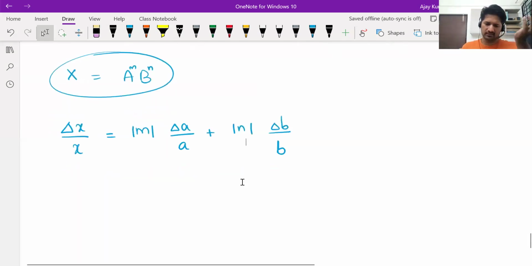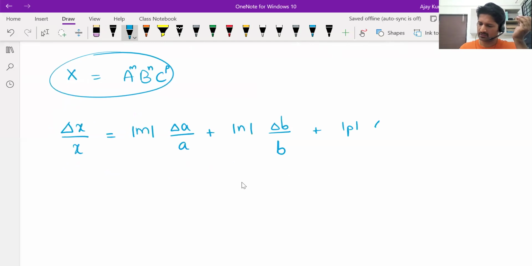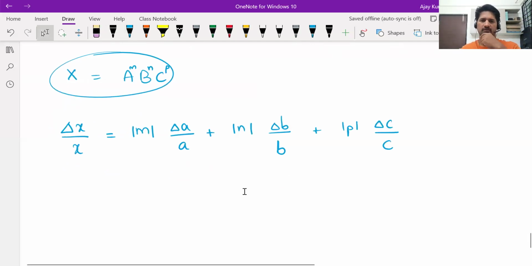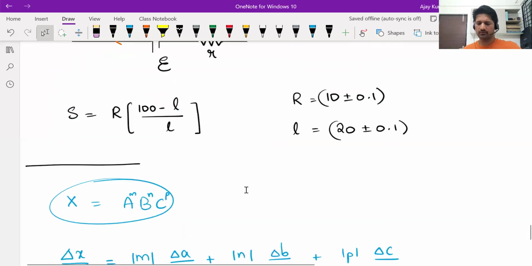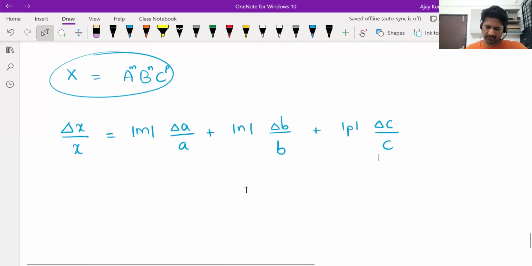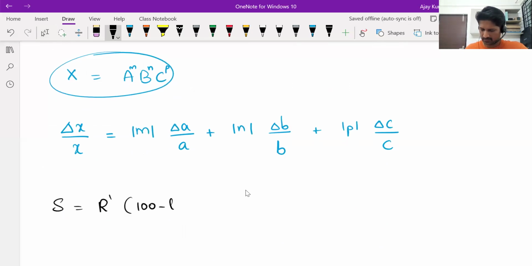Fine. And there could be a C to the power of P also. Then you will get plus modulus of P times absolute error in C divided by the measured value of C. Now look at what we have here. S is equal to R into (100 minus L) by L. So you can write this as S is equal to R to the power of 1, (100 minus L) to the power of 1, divided by L. I'll write it as L to the power of minus 1.